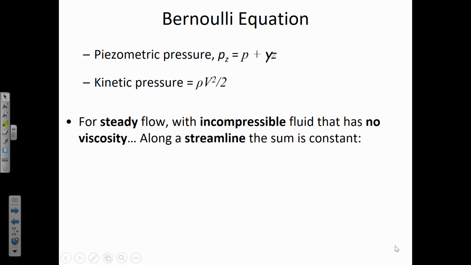So what it means is that there's going to be a change in pressure as well between those 2 points. Since we have higher velocity at 2, since velocity went up, the pressure is going to go down at location 2. So the sum of these two terms is constant between the two locations.